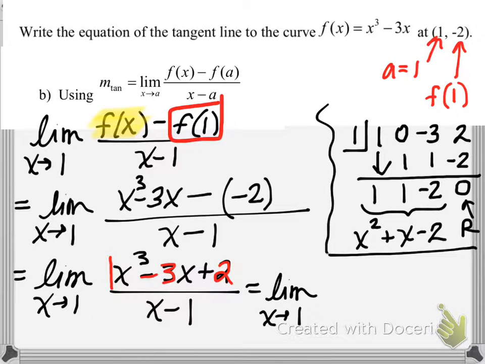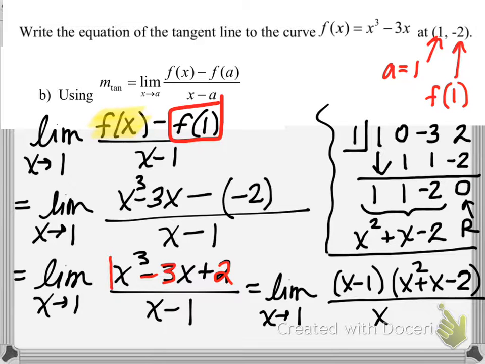I'm essentially going to use my synthetic division to show how we have factored the numerator. So the x cubed minus 3x plus 2 factors into x minus 1 times x squared plus x minus 2. Kind of a non-traditional factoring approach, which allows us to divide out the x minus 1s.